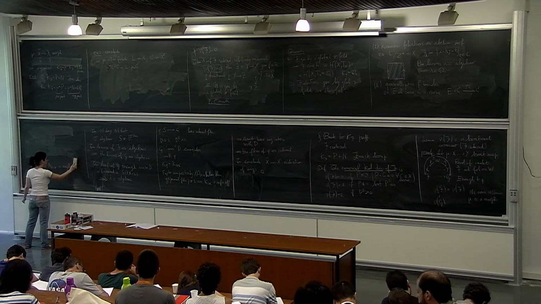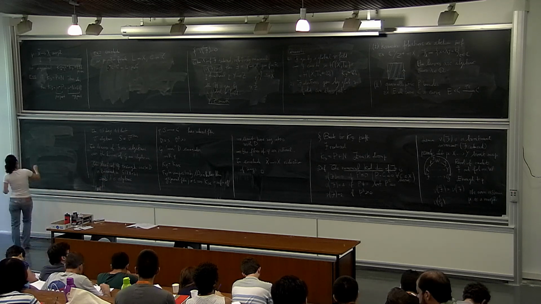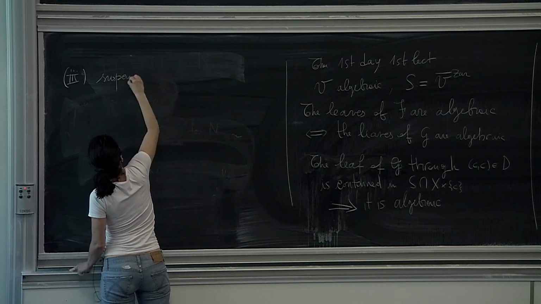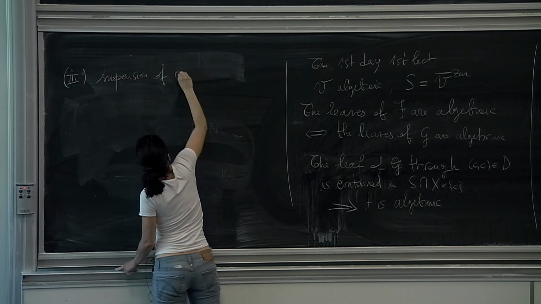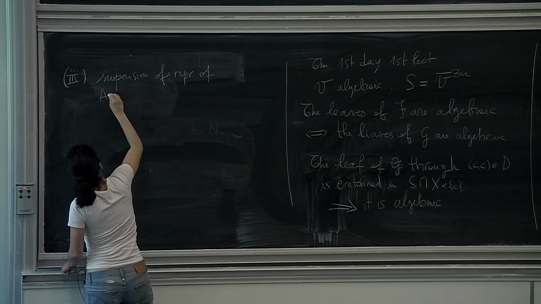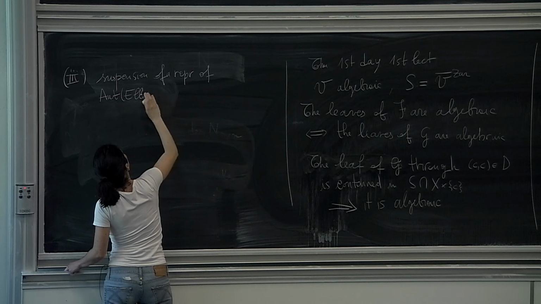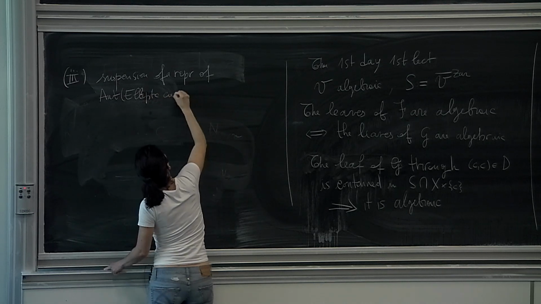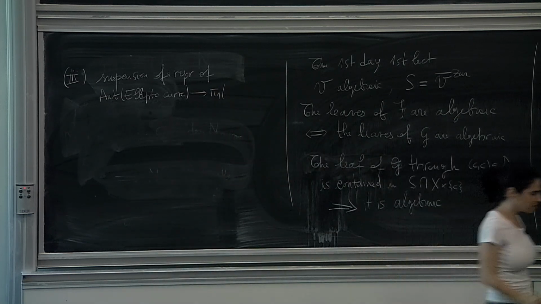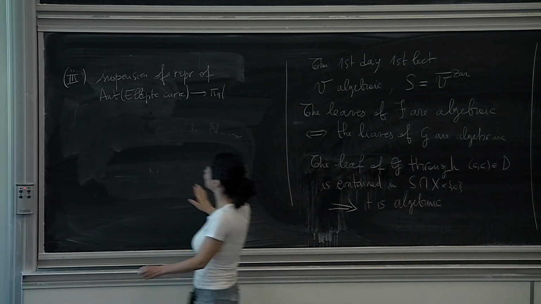And there are other two families, and one is a suspension of a representation of the fundamental group of a curve to the automorphisms of an elliptic curve. Sorry, what am I writing? There was something wrong here.